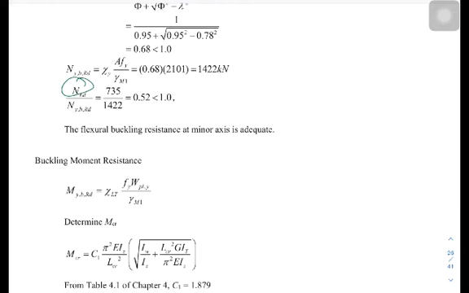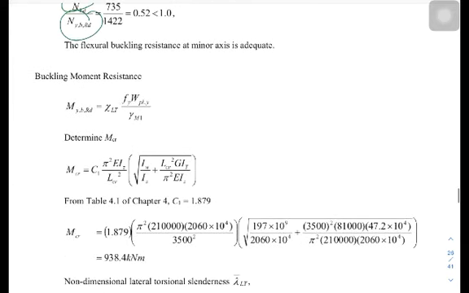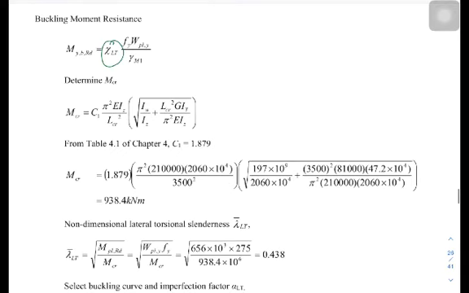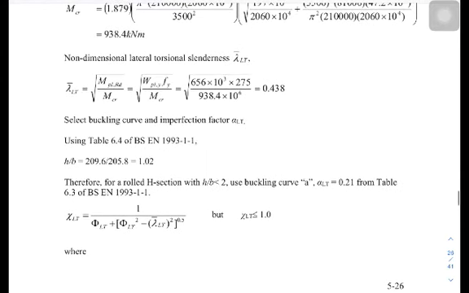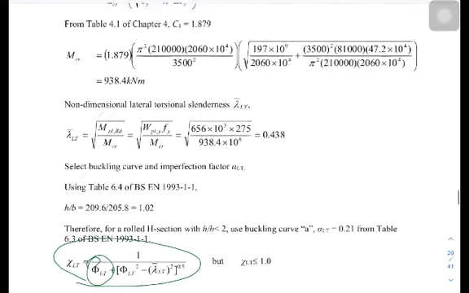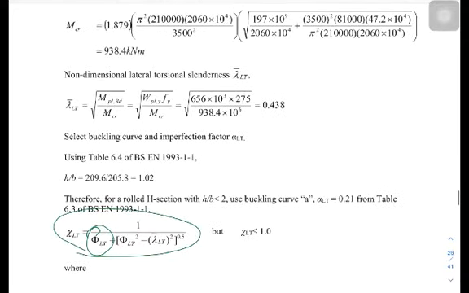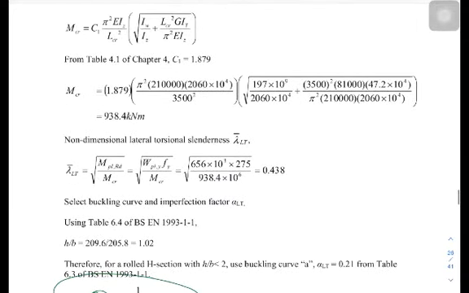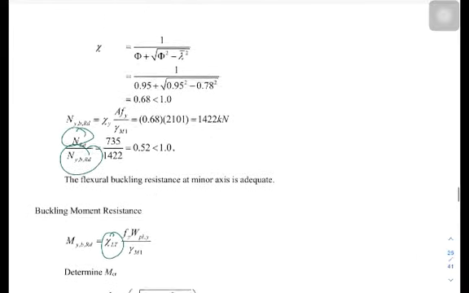I already mentioned how to find this one. For MYBRD, to get the chi value here, you need to get this phi. That phi comes from here, that value there.